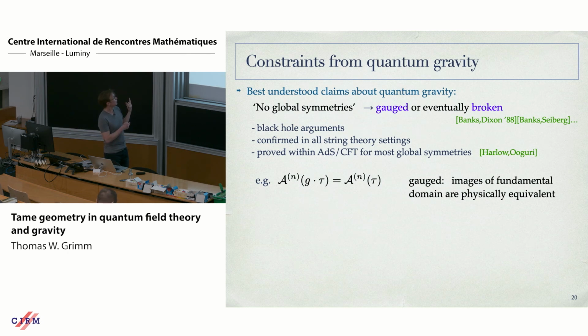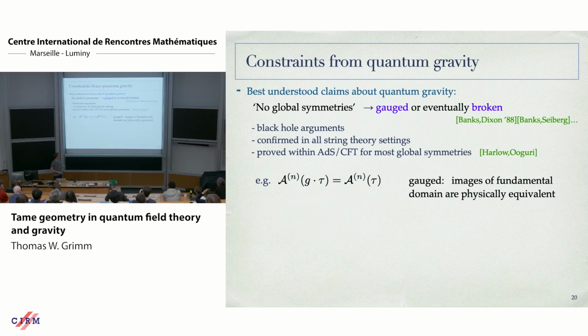Remember that I told you that if I have a function which is invariant under SL2Z, then it is clearly not tame, right, on the upper half plane. What does now gauged mean? Gauged means that all the images of the fundamental domain are actually physically equivalent. So it means that to get the correct physics, you should just restrict yourself to the fundamental domain.